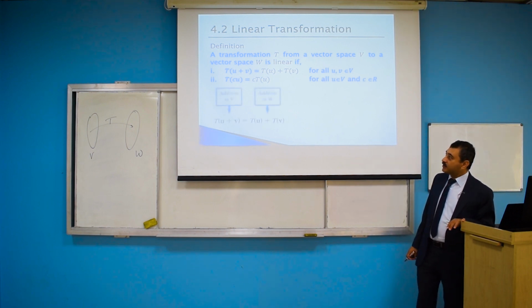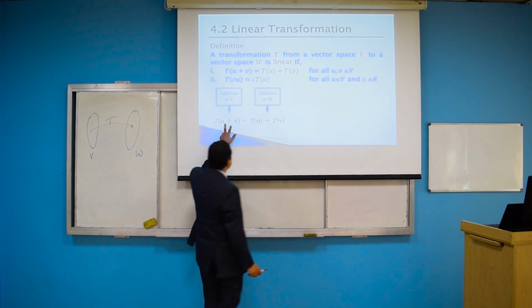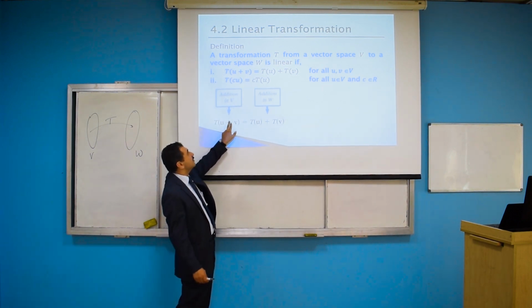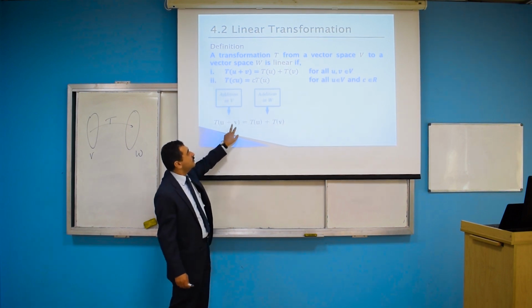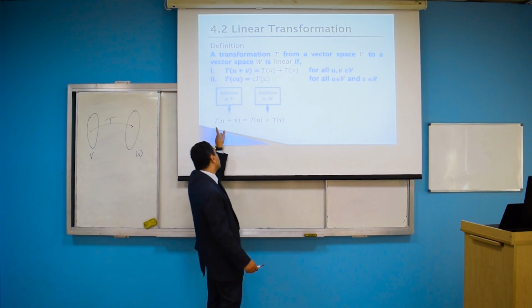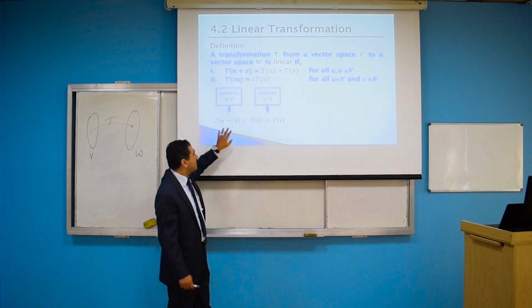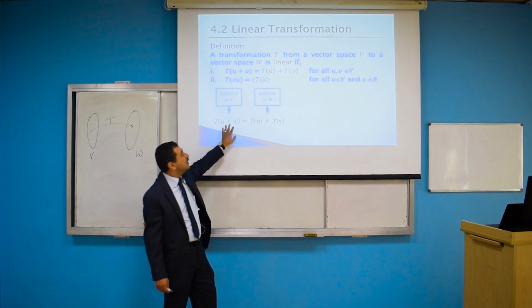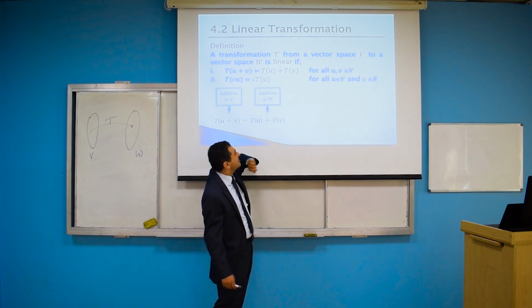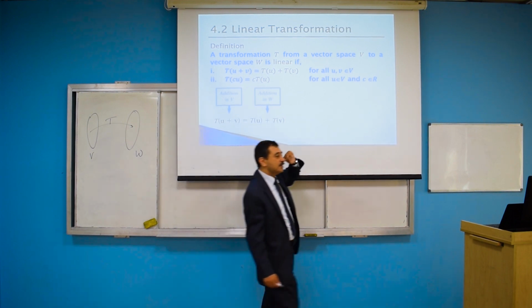You look at this block diagram, it simply says that if you do the summation in the original vector space V and then the transformation to W, it equals to transform each vector and then sum the transformations. So here the summation is performed in the original vector space V. Here the summation is done in the W vector space.